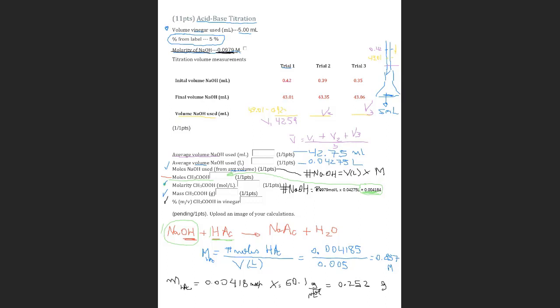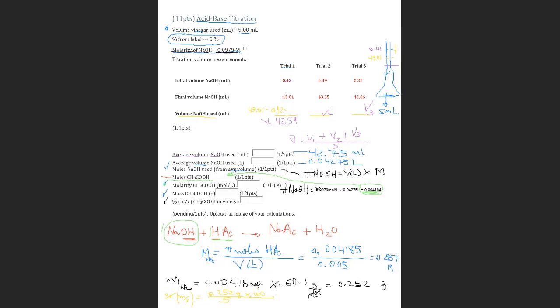The percentage mass volume is the mass of the acetic acid that you just calculated, 0.252 grams, multiplied by 100, divided by the volume of the vinegar in milliliters.